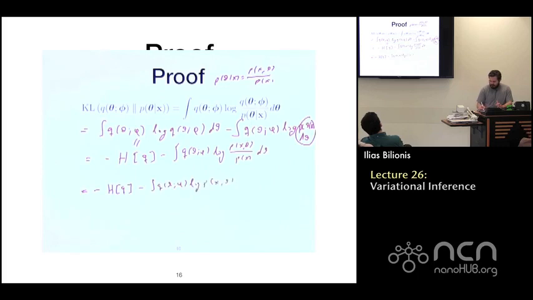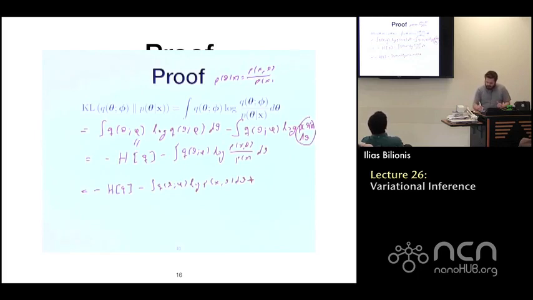and then you have plus, right? You have plus the integral of q(theta) log p(x), but p(x) does not depend on theta. So you can just integrate over theta and you're going to get 1.